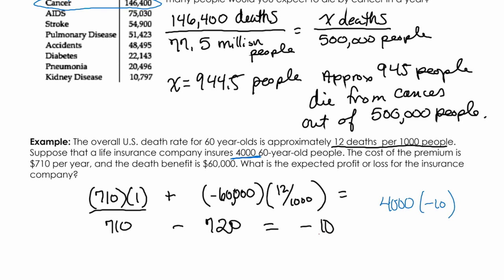The insurance company is losing $10 for each of those on average. So we can say at that price of $710 for each policy per year, the company is going to lose $40,000. So in business, if you come up with this, you might want to reconsider how much you're charging for your policy.